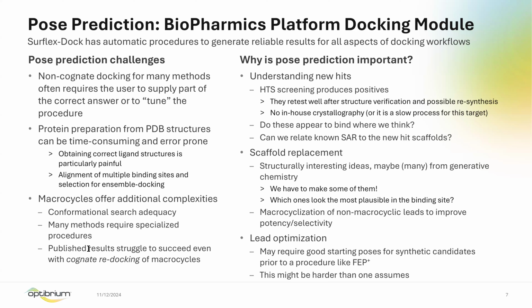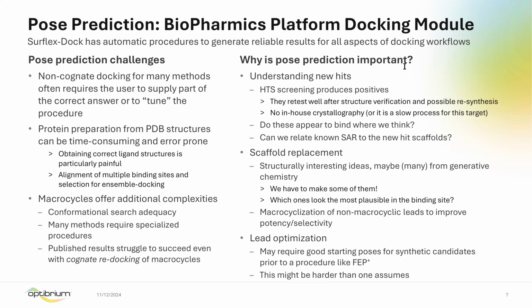The published results that are out there right now, except for our most recent paper, really struggle to succeed even when you're taking a macrocycle out and then trying to redock it into its cognate protein conformation. And so we're going to present results today that show you that this doesn't actually have to be a real problem for a large class of macrocycles.